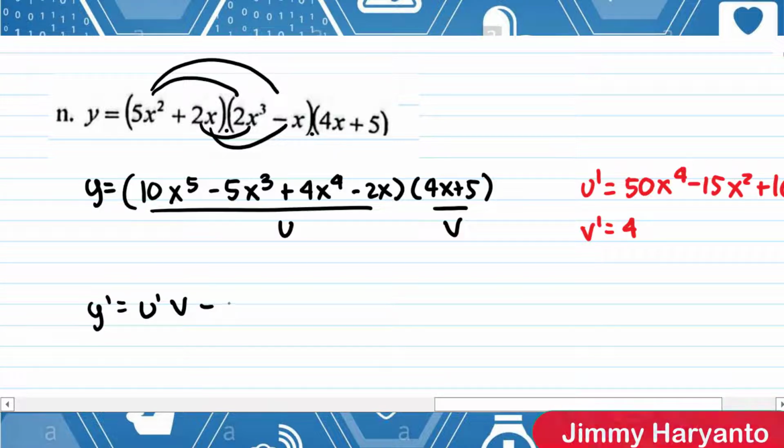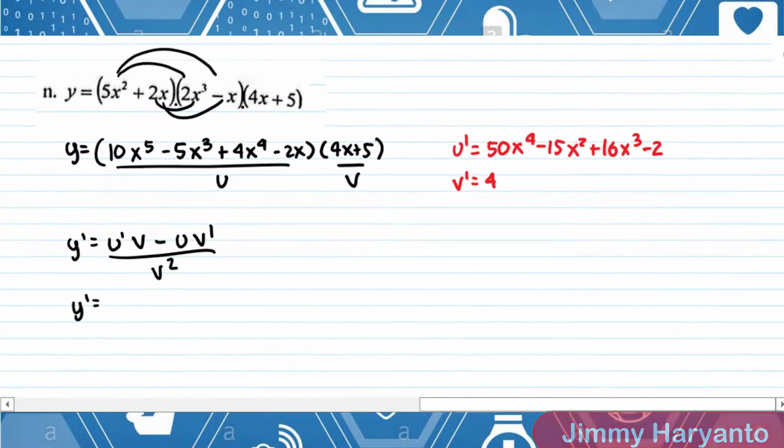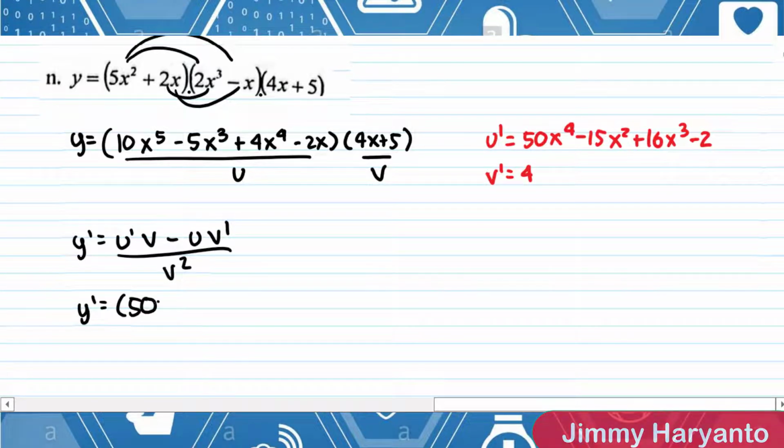U accent v minus u v accent over v square. So y accent equals to u accent first. U accent is 50x^4 minus 15x^2 plus 16x cubed minus 2 times the v. The v is 4x plus 5.